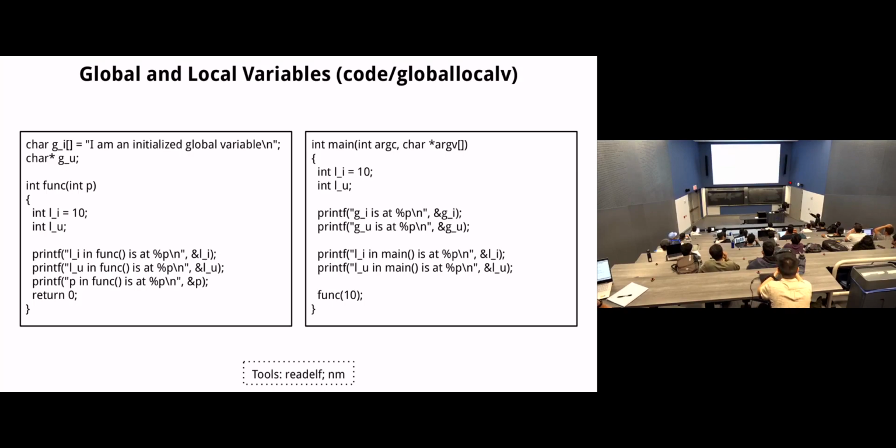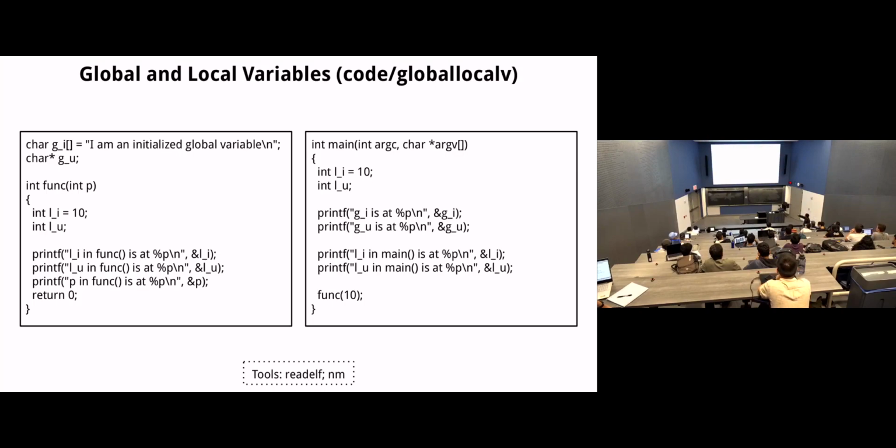So here we print out where those two global variables are in the memory address. That's what this program does. Then we print out where the two local variables are. Then we call another function. The function has two local variables, and also that function takes a parameter.